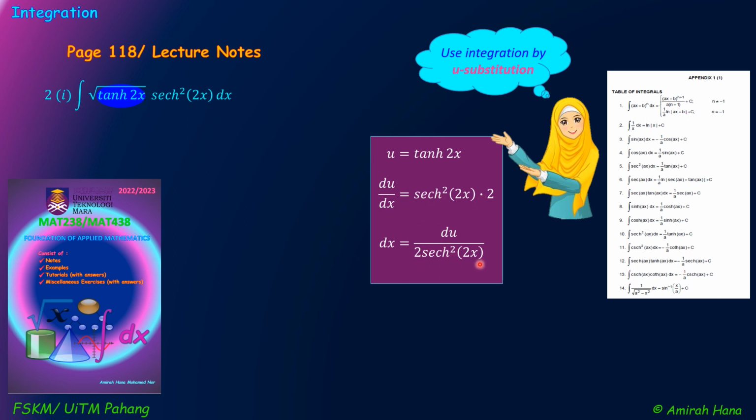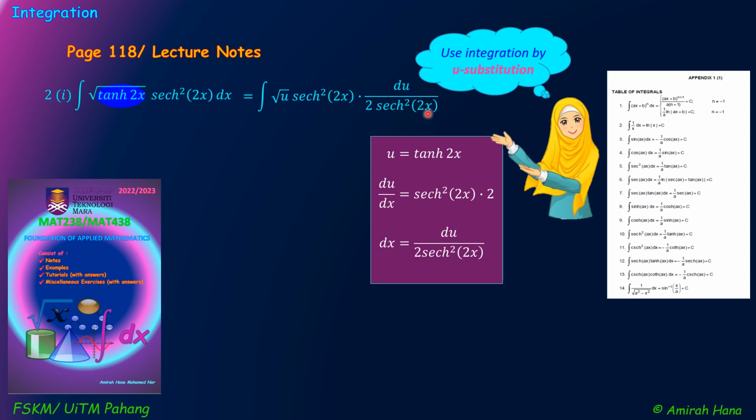Alright. And then we rewrite this question in terms of u and du. Kita tulis macam ni, equals to integration of, we still have square root, and then tan 2x equals to u, and then sec squared 2x, and then times dx. dx kita equals to du over 2 sec squared 2x.